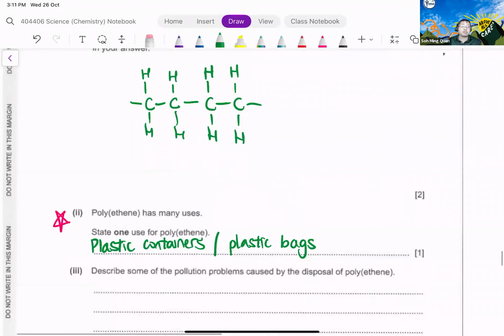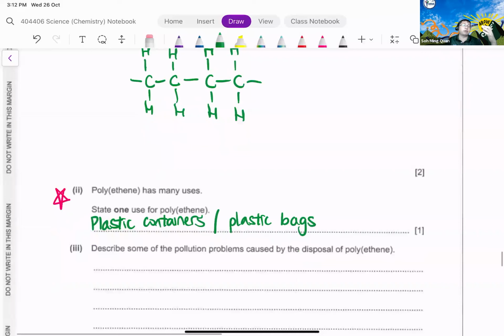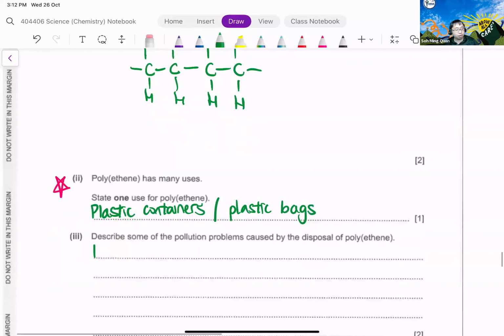Next, describe some of the pollution problems caused by disposal of polyethylene. Please don't just write that it causes water pollution. That is so not specific. Give details, all right? So give details like what problems will be caused. So first, always mention that the polymer, polyethylene, is non-biodegradable.